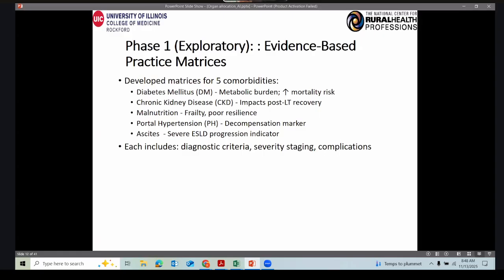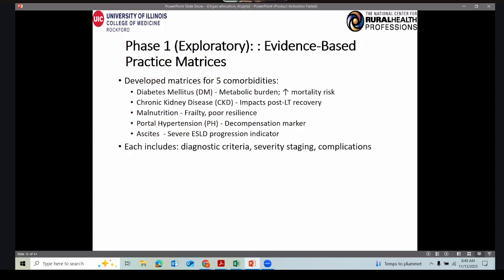For each of these 5 comorbidities, we created comprehensive matrices that include their diagnostic criteria, severity, staging, and common complications.